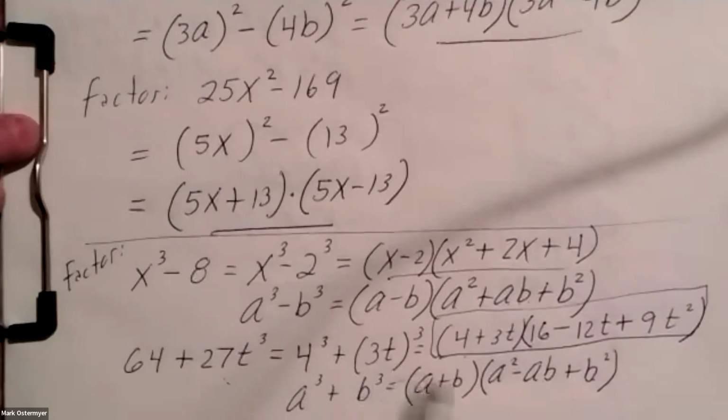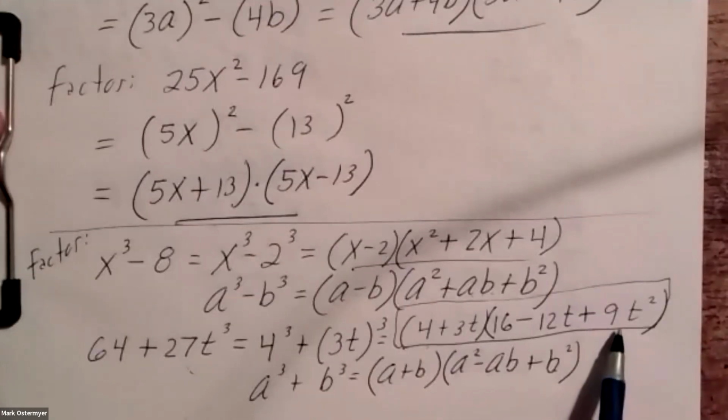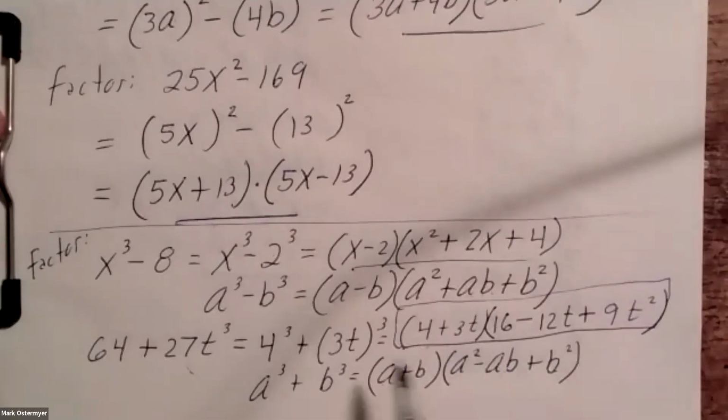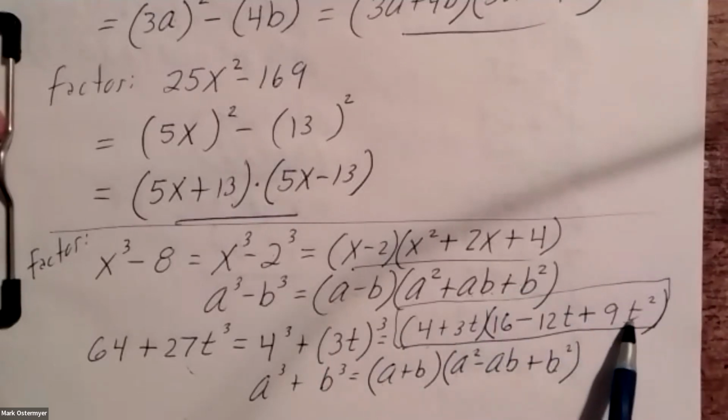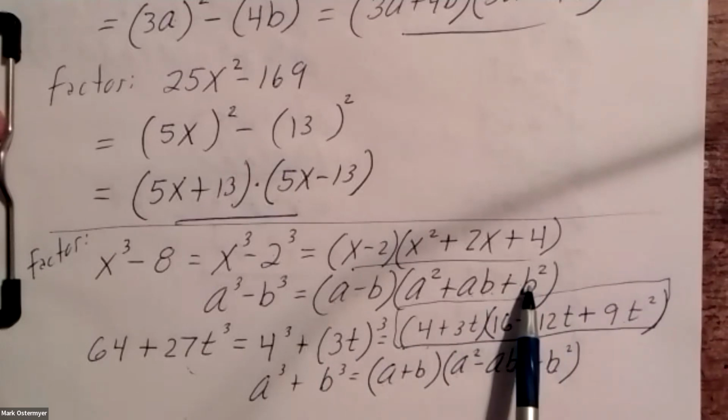Yes, go ahead. So for your 9t squared, why did we multiply that and not leave it as 3t? For the 9t squared. Yeah, 3t has to be squared at the end. So that would give you 9t squared. Right, you're still leaving it squared though.